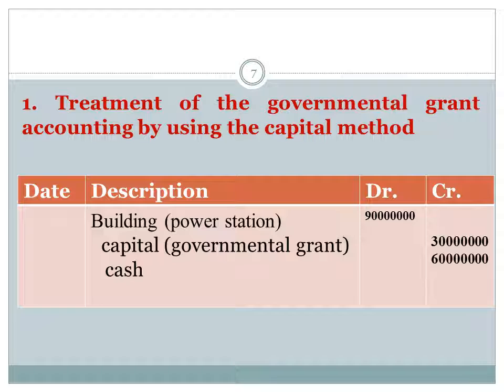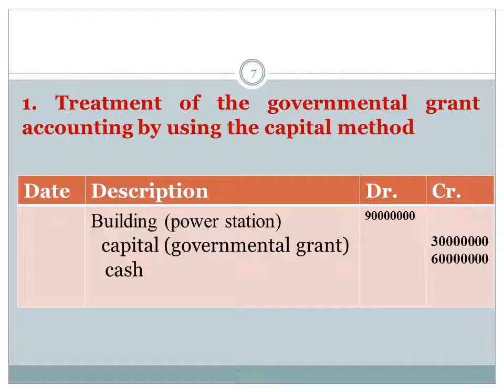First, treatment of the governmental grant accounting by using the capital method. The entry will be: in the debit side, this power station is an asset, so it will be in the debit side because it increases.